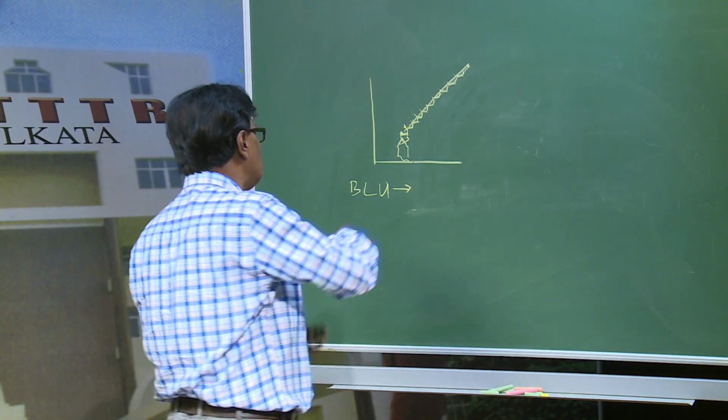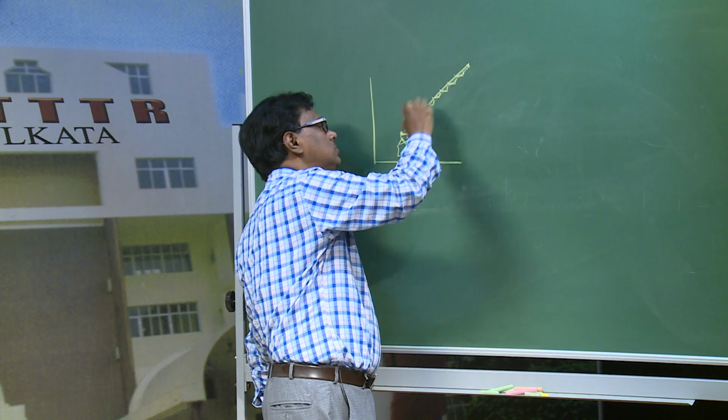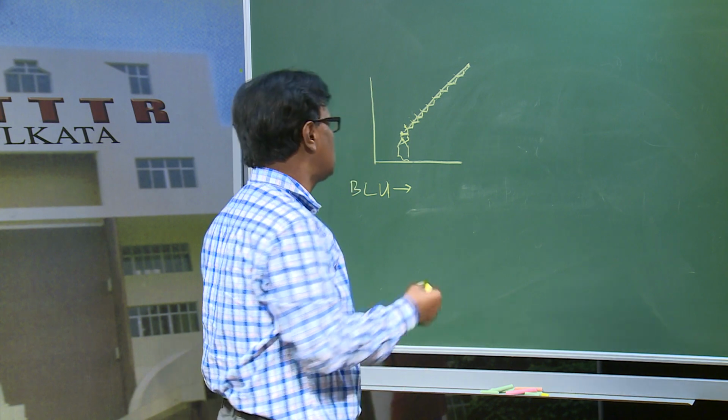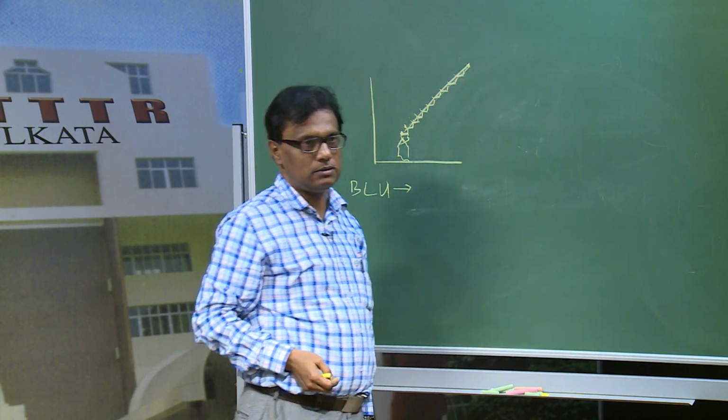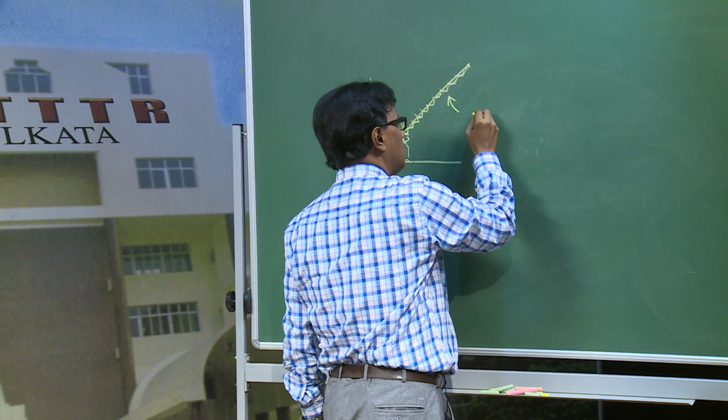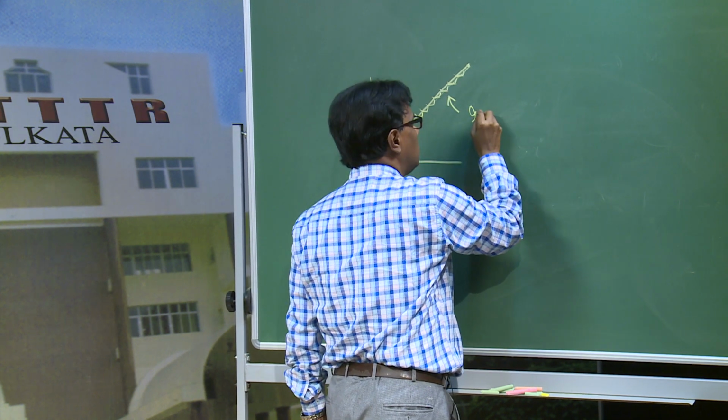The method by which the intermediate points are computed given the two end points is called interpolation.